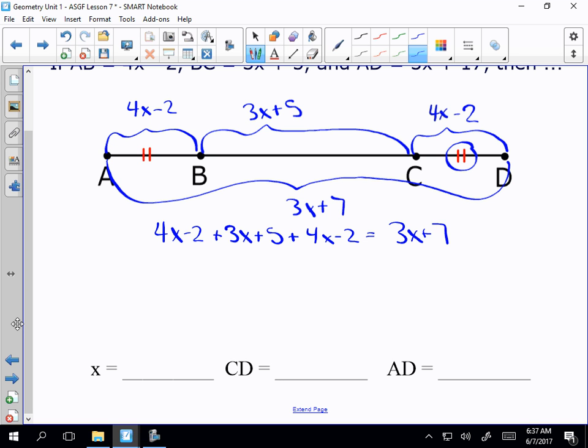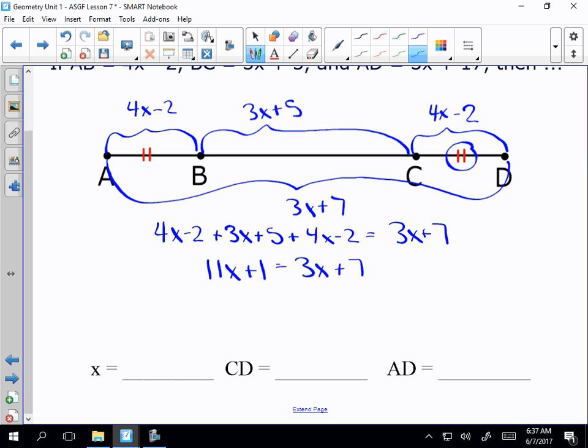Okay, we combine like terms. Jumped ahead of myself a little bit there. 4x plus 4x is 8x. 8x plus 3x is 11x. Combining our constants, negative 2, negative 2 plus 5 is a plus 1 equals 3x plus 7.